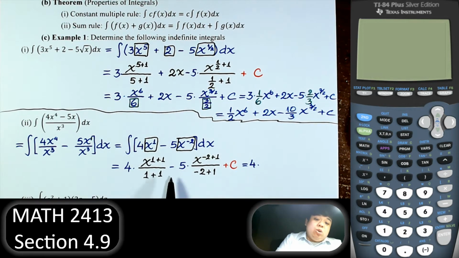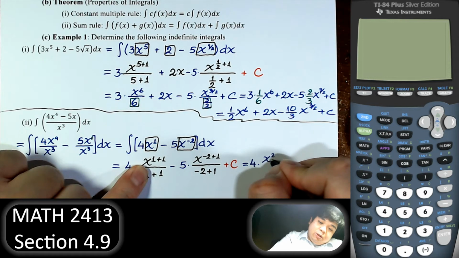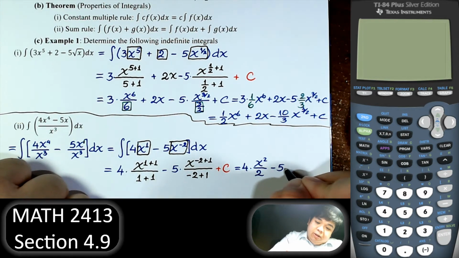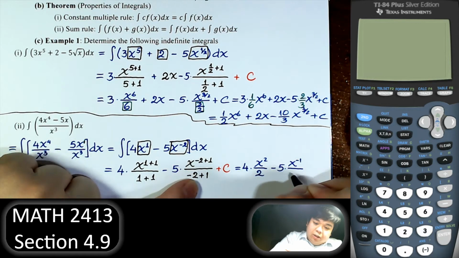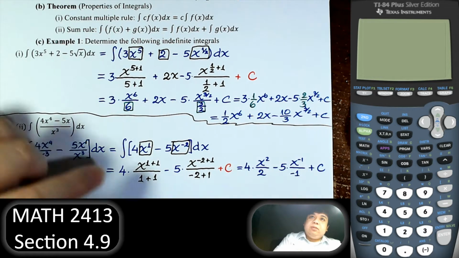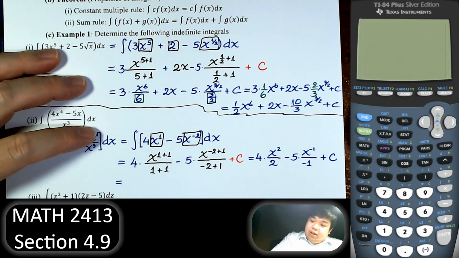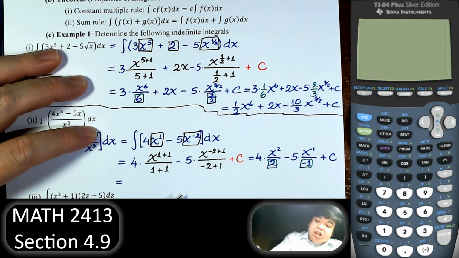When we get used to it, we can skip some of the intermediate steps, but for now I will write everything. That gives us x squared over 2 minus 5 x to the negative 1 over negative 1 plus a constant c. Now, divide by the number means multiply by the reciprocal.